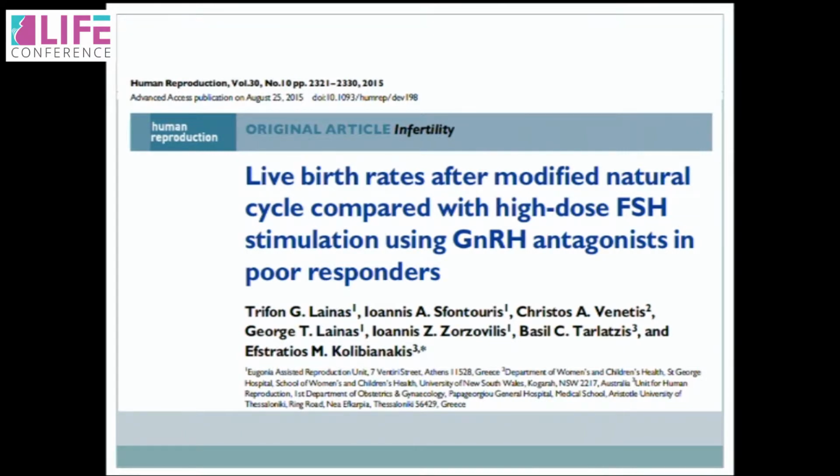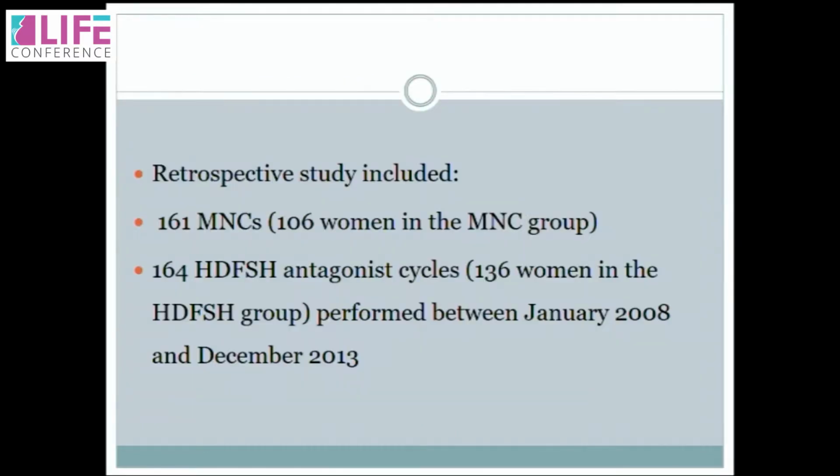Let's look at this study that was published last year, looking at the live birth rate after modified natural cycle versus high-dose FSH stimulation using GnRH antagonist in poor responders. It was a retrospective study, including 161 patients that did the modified natural and 164 that went through high-dose FSH.